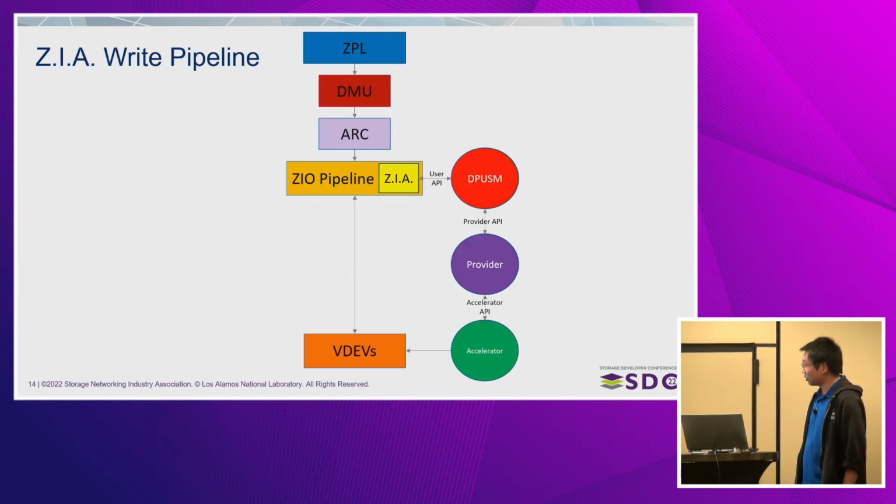So what we did with our modifications was modify the ZIO pipeline and shunt data out of ZFS into a layer called the DPU-SM, which then sends the data into a provider, which communicates with the accelerator, which does the actual operations, including I/O.